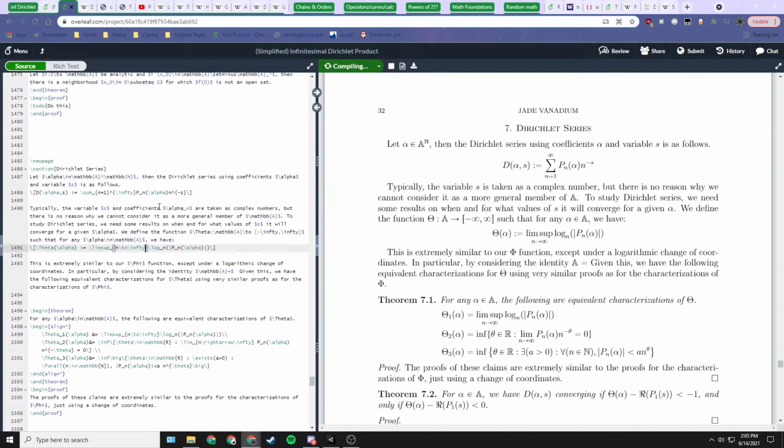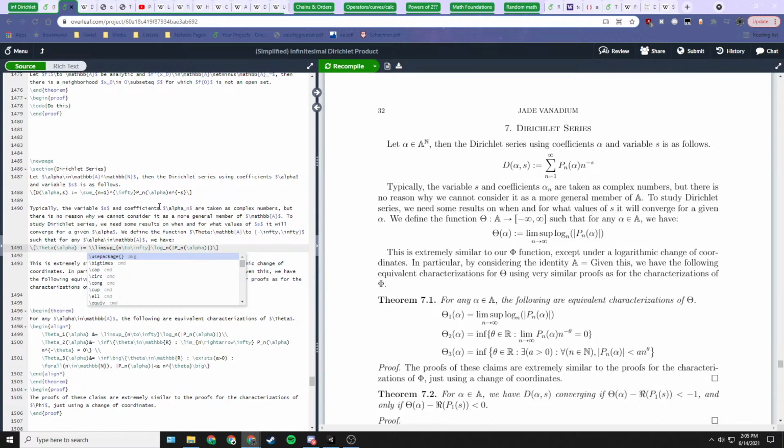Okay, so we're going to have to change the theta function a little bit. It'll actually have to be the supremum across all k in the naturals of this limit supremum as n goes to infinity of 1 over n, instead of p sub n, this will be alpha sub n, and we'll have p sub k, I think.